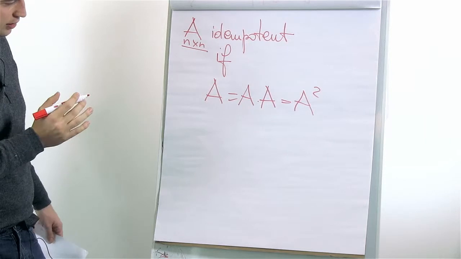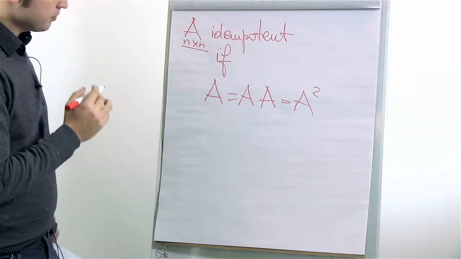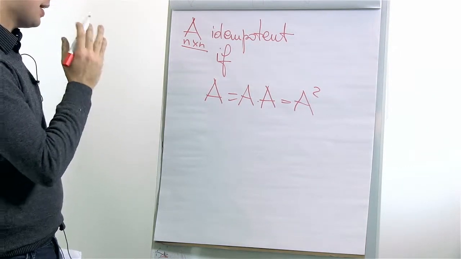And what happens here? Why is the idempotent matrix important?